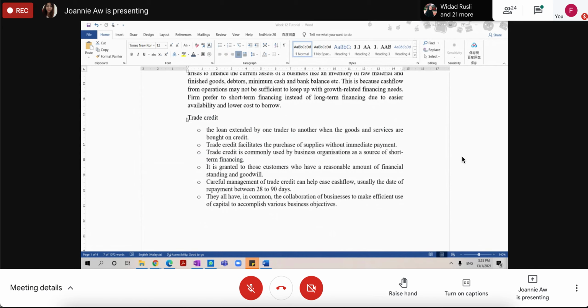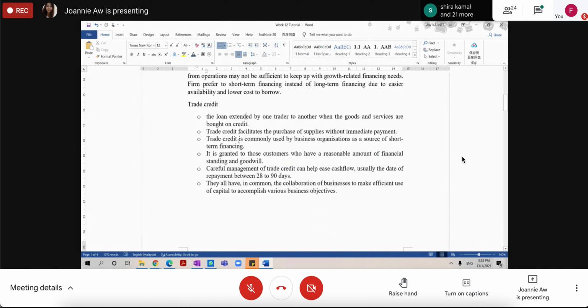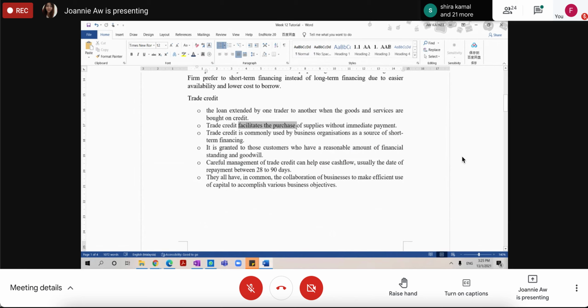The first one is trade credit. Trade credit is a loan extended by one trader to another when goods and services are bought on credit, and it lets the purchaser obtain supplies without immediate payment.